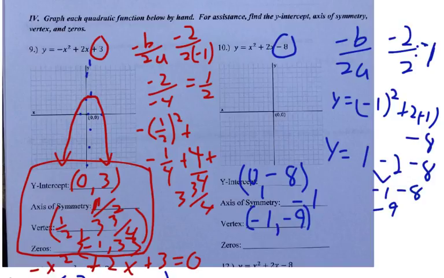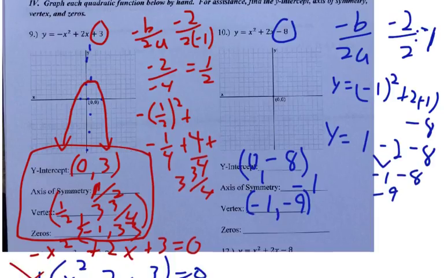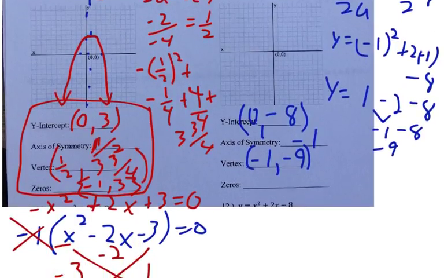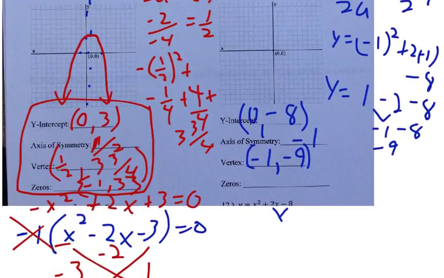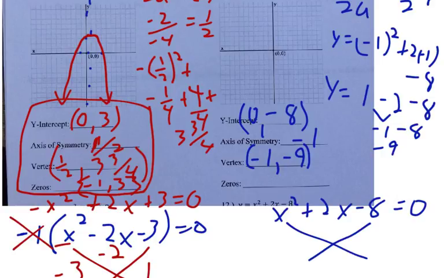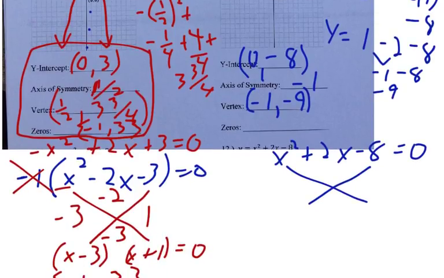And then lastly, for my zeros, I want to see if I can use AFM. If not, I have to use the quadratic formula. So x squared plus 2x minus 8, I set it equal to 0. And I'm going to multiply there, and 1 times negative 8 is negative 8, bring down my 2, and I'm thinking 4 and 2, one of them needs to be negative, so the 2 has to be negative.